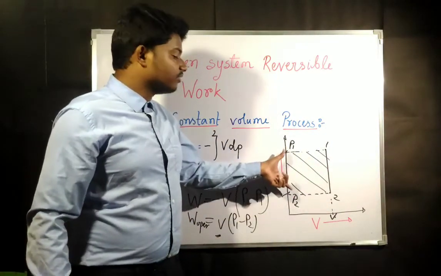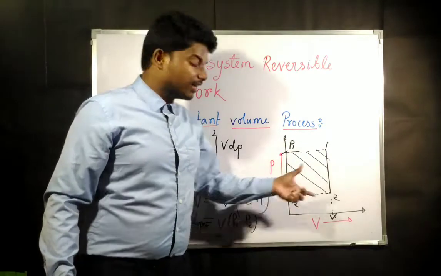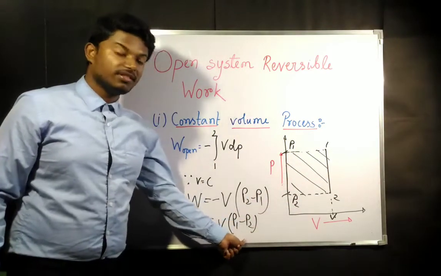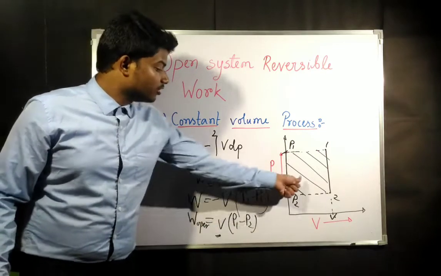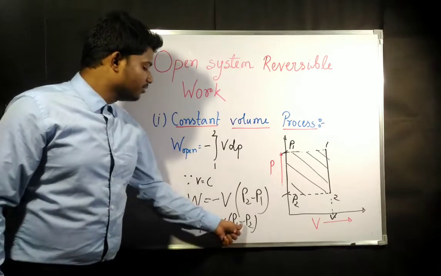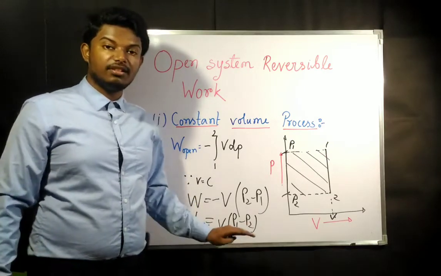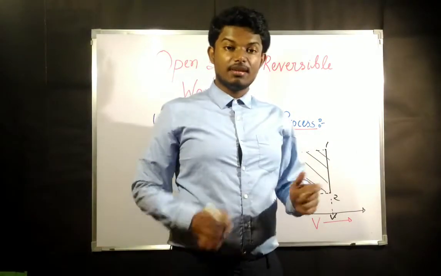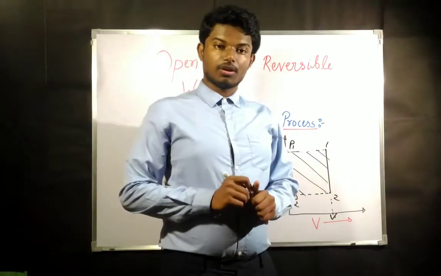This area is going to give us the work done. Similarly here, the same expression applies: V into p1 minus p2. This is for a completely constant volume open system reversible process.